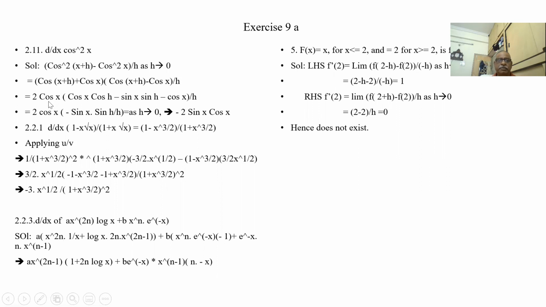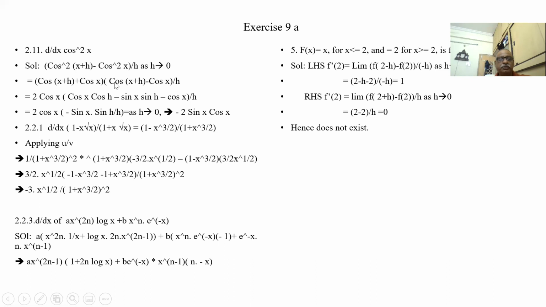So all these things I am taking cos x out. So cos x plus cos h, cos x plus cos h into cos x. So here, if I put h is 0, this becomes cos x. Cos x plus cos x is 2 cos x.